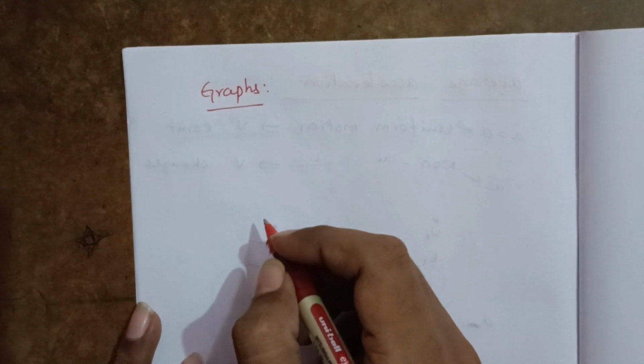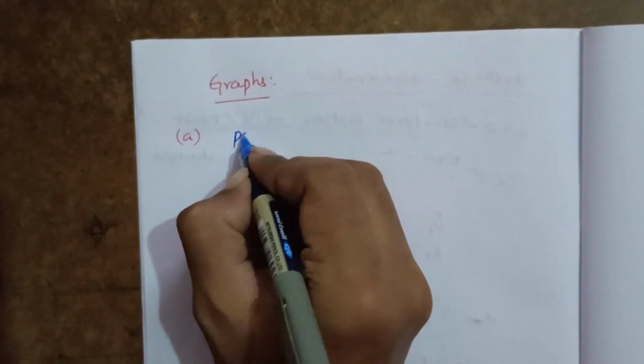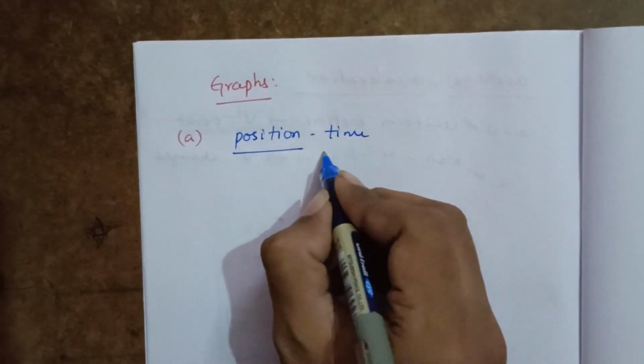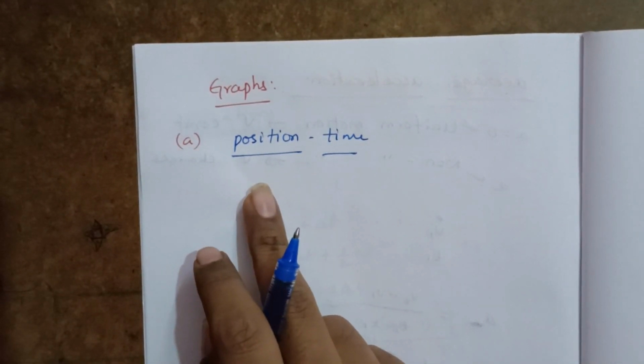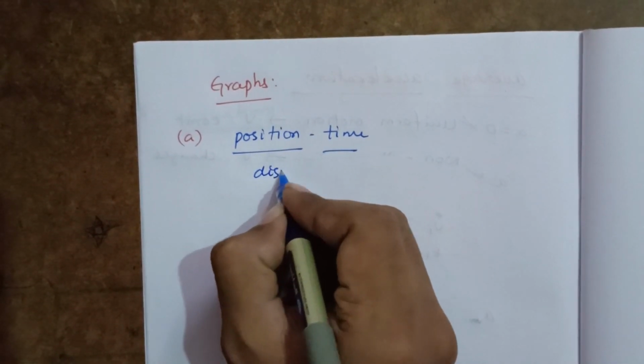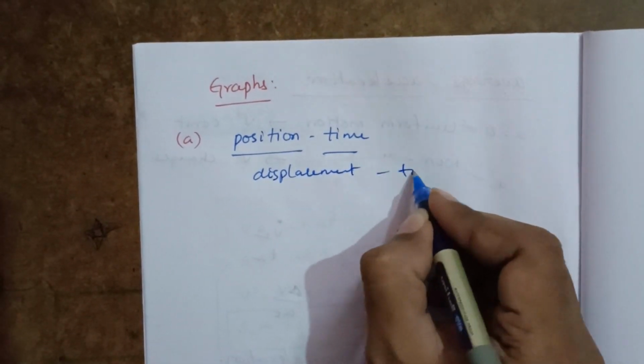Now we have different types of graphs. In that, first we will take the position time graph, or we can say the displacement time graph.